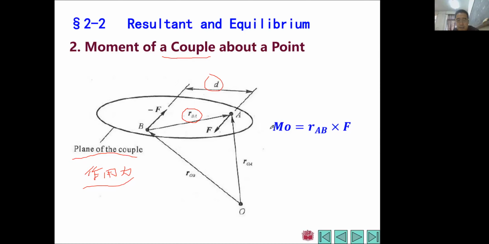So you can find from a mathematical point of view, M_O equals R_AB cross product F, right?